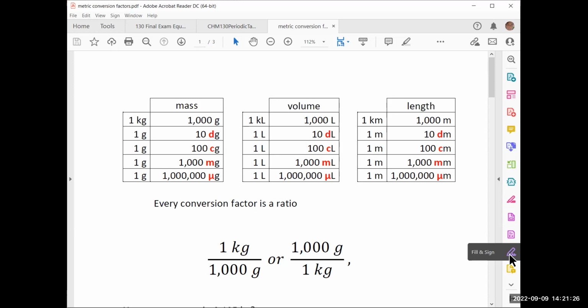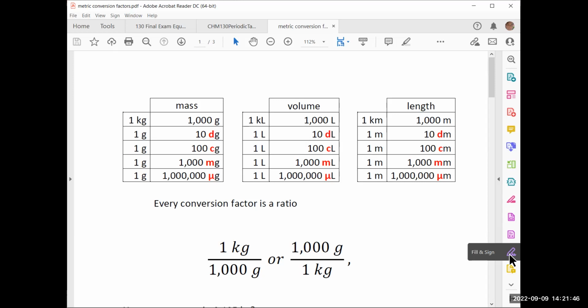The US has been trying to convert to the metric system since I was in elementary school, so that's like 100 years ago. We're still not there, you know. You can go and get a gallon of milk at the grocery store, but if you want to buy a soda pop, you get them in 2-liter bottles. So we do a mix and match kind of thing.